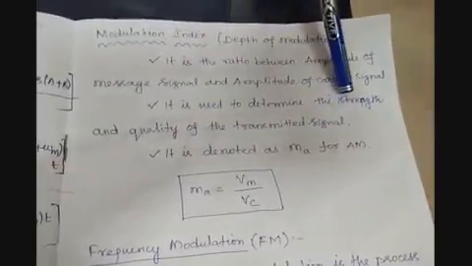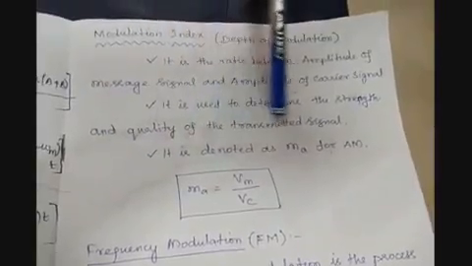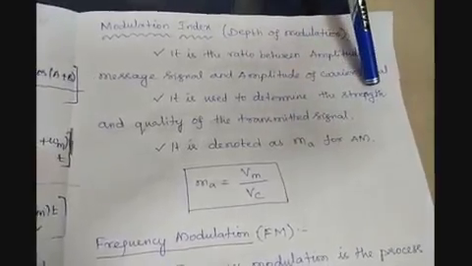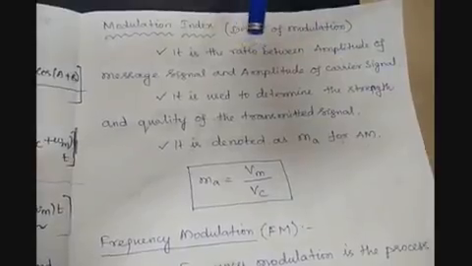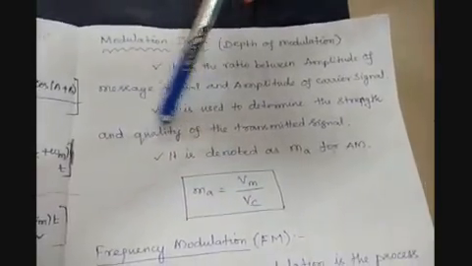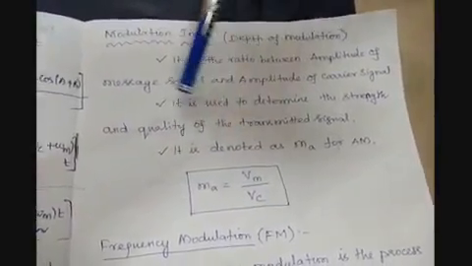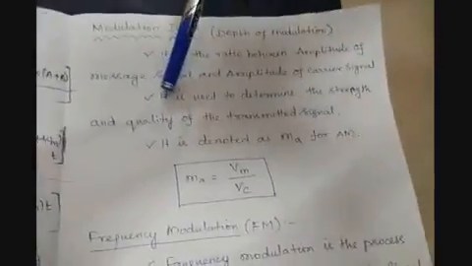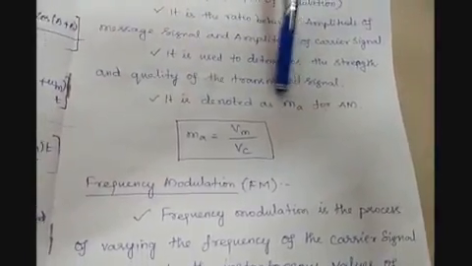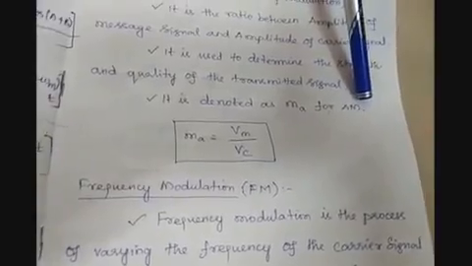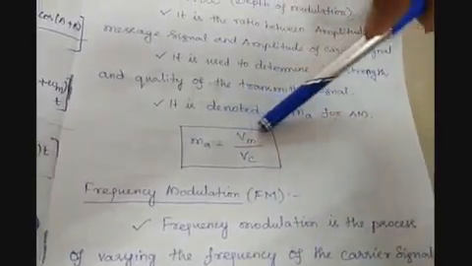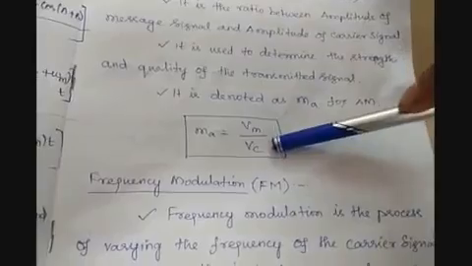It is used to determine the strength and quality of the transmitted signal. If modulation is not at a particular level, then the quality will reduce, right? So that quality and strength we can measure using the modulation index. It is denoted as MA for AM, and MA equals Vm by Vc. Vm is the amplitude of the message signal, Vc is the amplitude of the carrier signal.